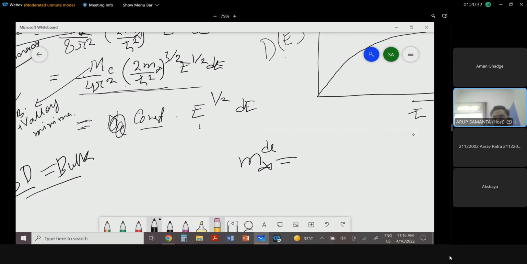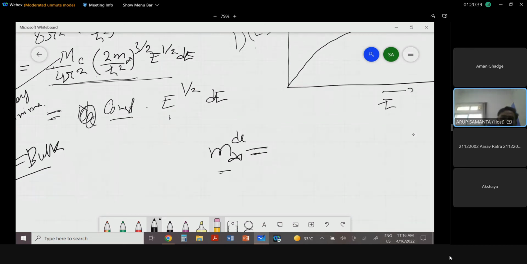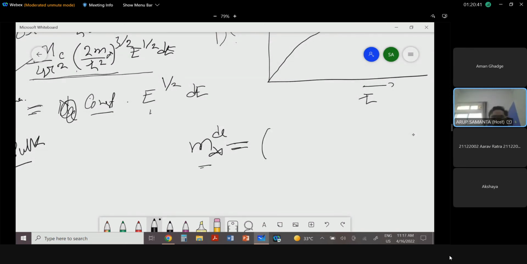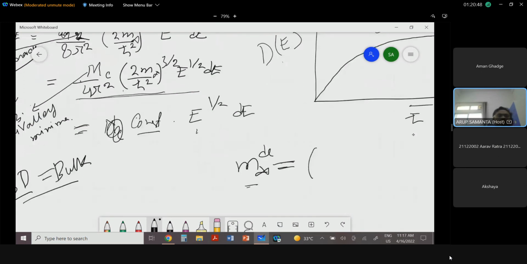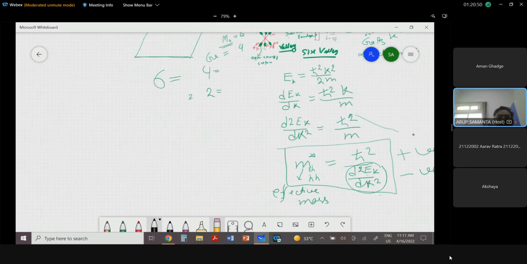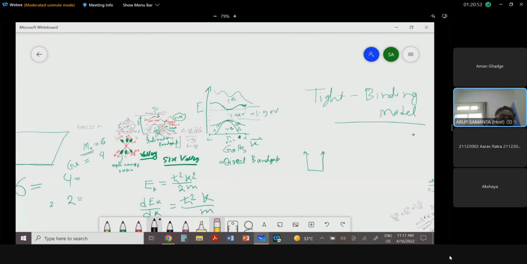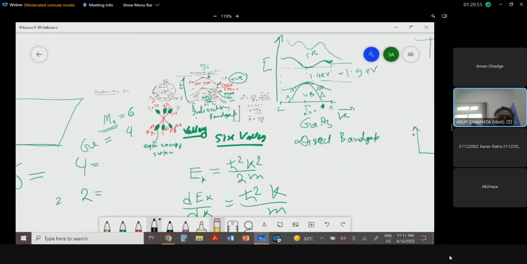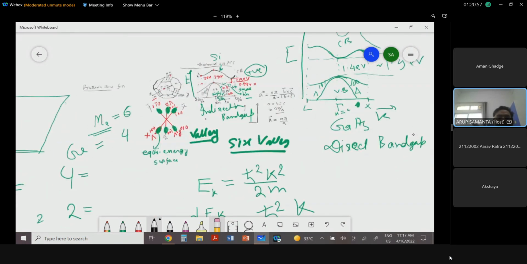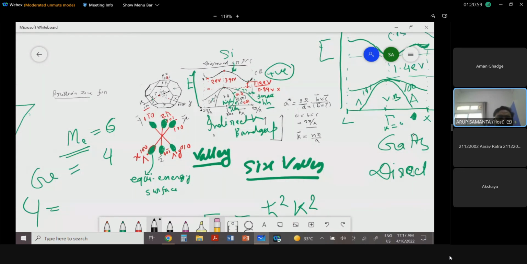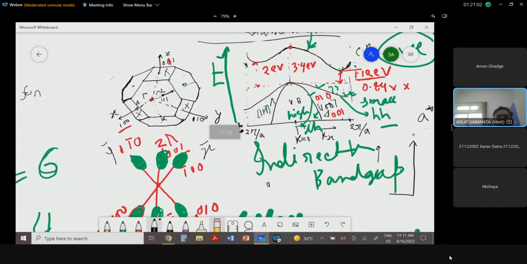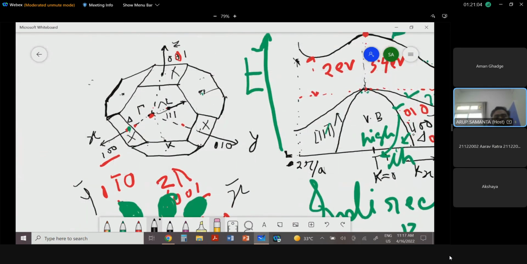If we denote it by m star dE, it's generally defined as a combination of three different effective masses. The mass depends on which direction you are moving.